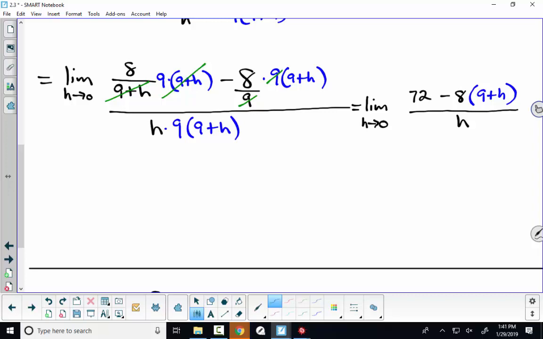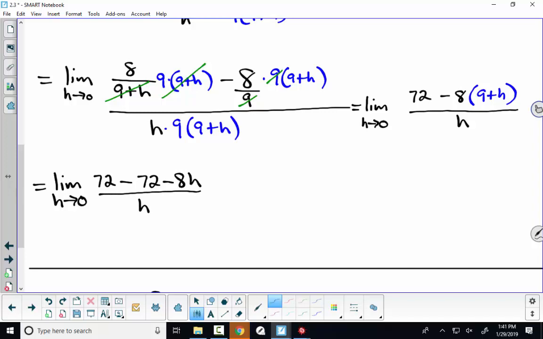So notice, computing this limit, we haven't even done calculus yet, right? It's all algebra at this point. There's no calculus being done. Combine like terms in the numerator. So we have our 72, distributing the negative 8: 72 minus 72 minus 8h, all over h.